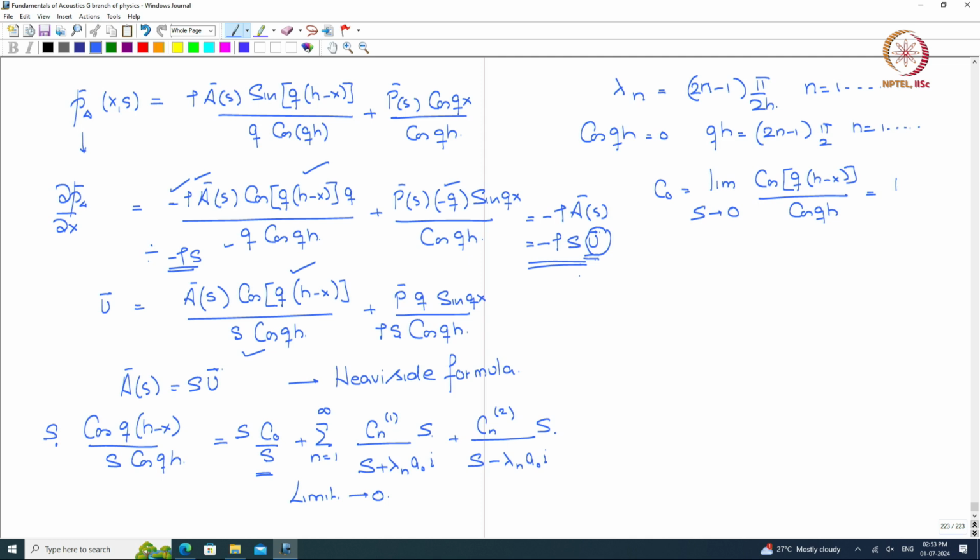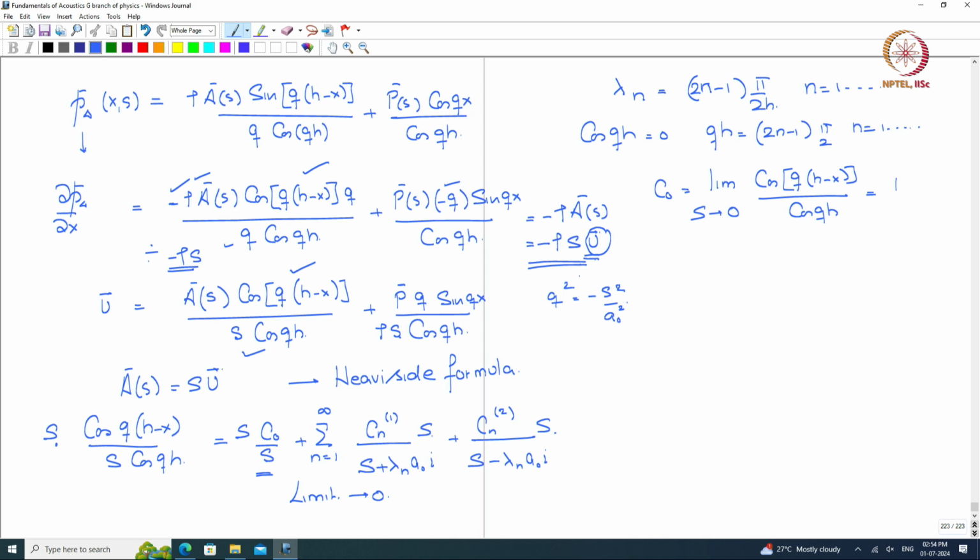Okay, because Q contains S, if you recall. Q square is equal to minus S square by A0 square.